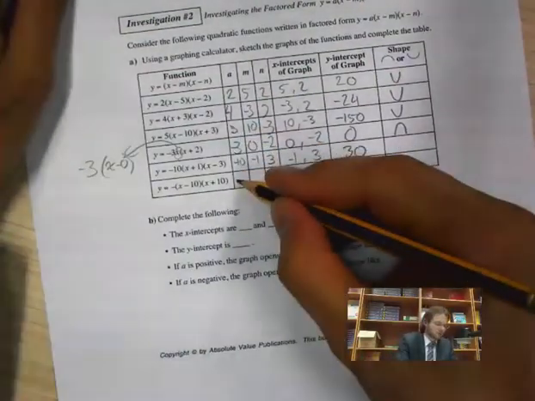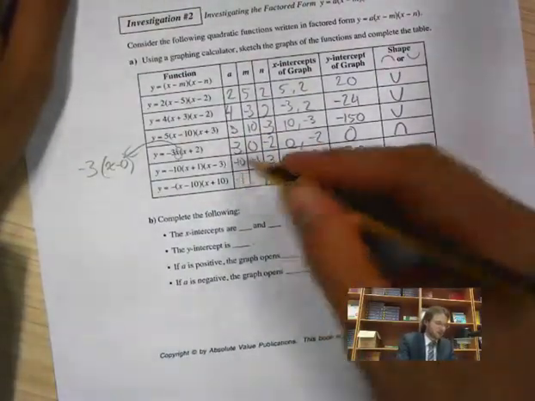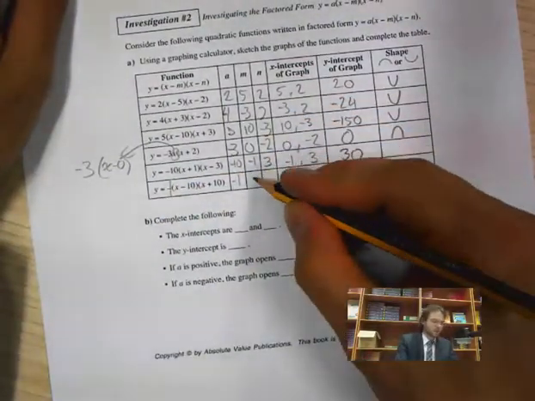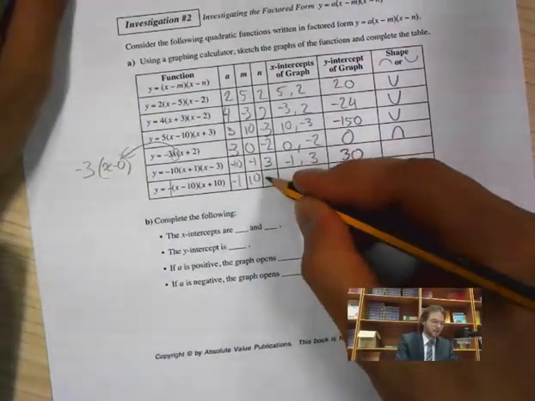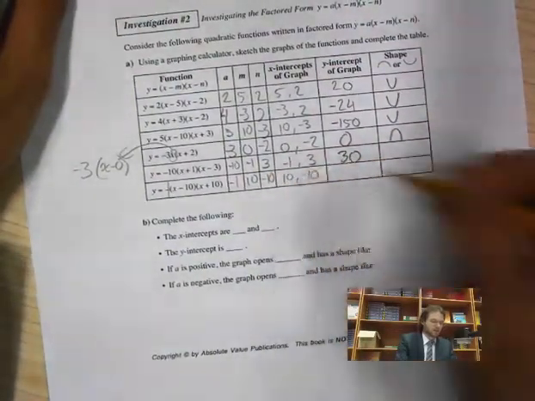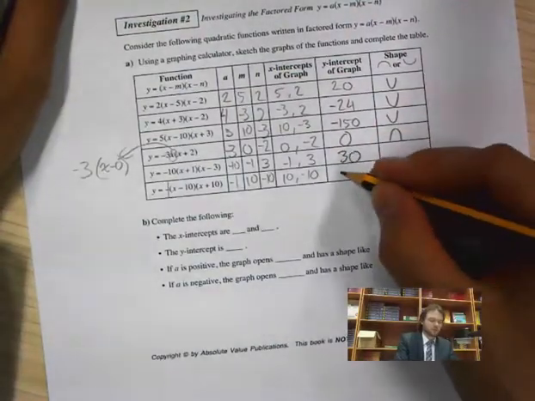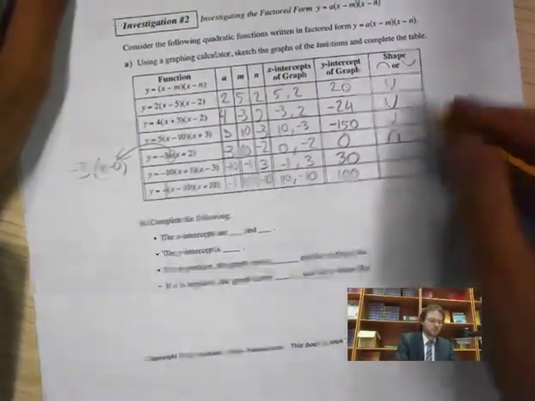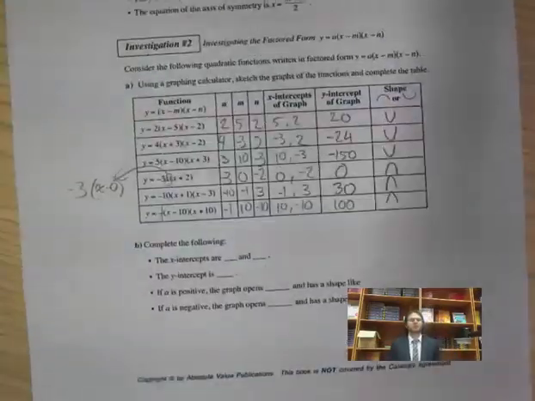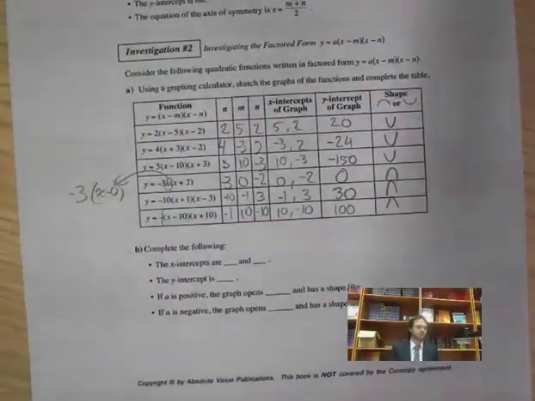I have negative 1. There's an imaginary 1 in front. Okay, negative 1. I'm going to have 10 and negative 10. So 10 and negative 10 are my x-intercepts. And this is going to be 100. Oh, and both of these are frowns. Something's making me frown. So what is my secret for this one?